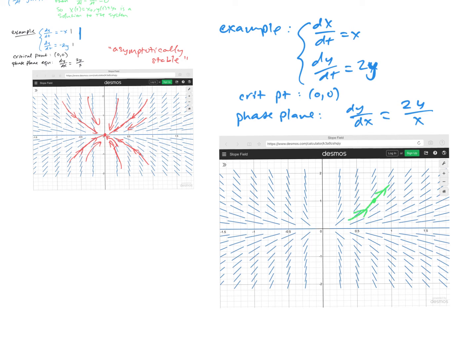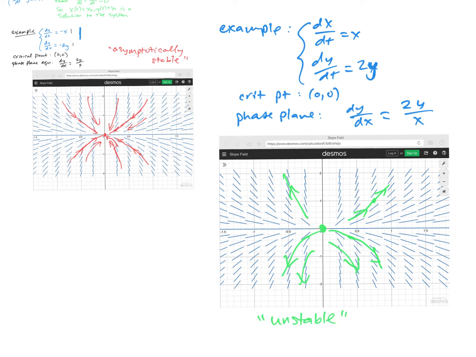And all of our lines are going to go in the opposite direction, right? And this is what our curves look like. They're all heading away from our critical point. There's our critical point. And because we're moving away, this critical point is called unstable.